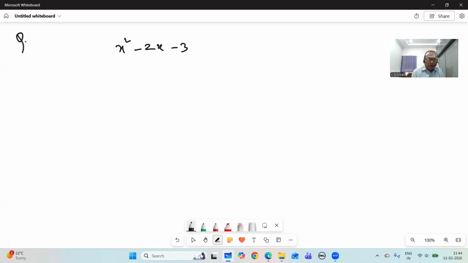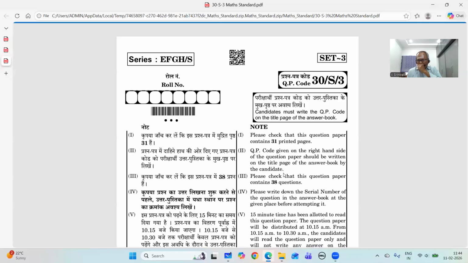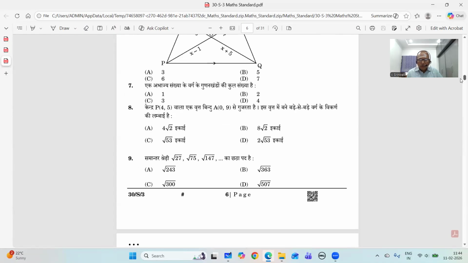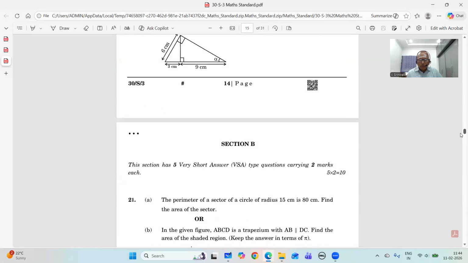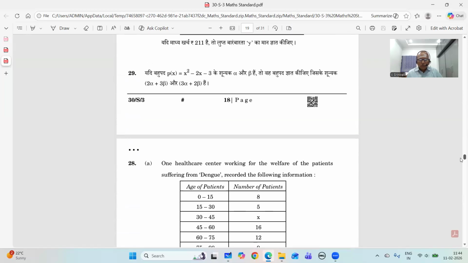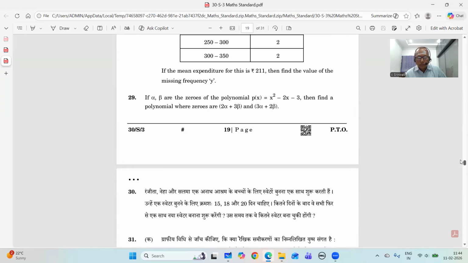This is question number 29, x square minus 2x minus 3.